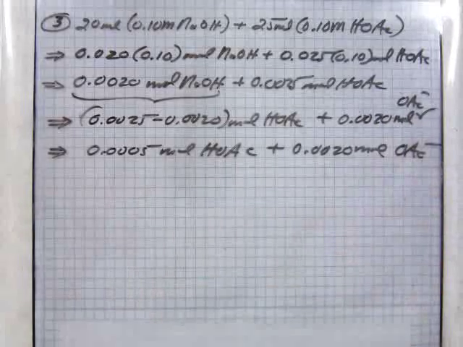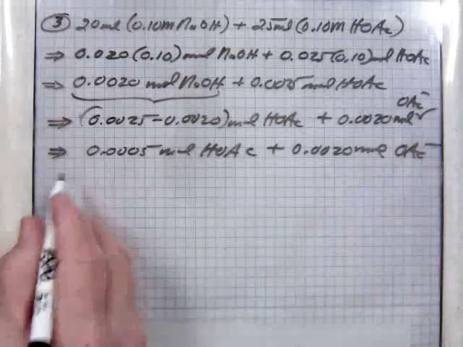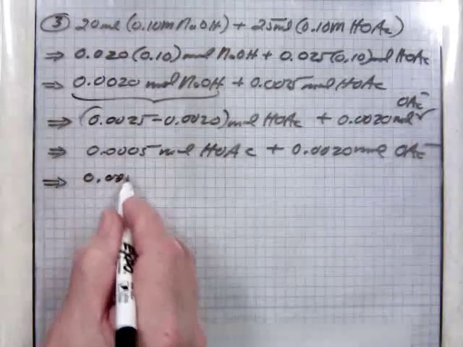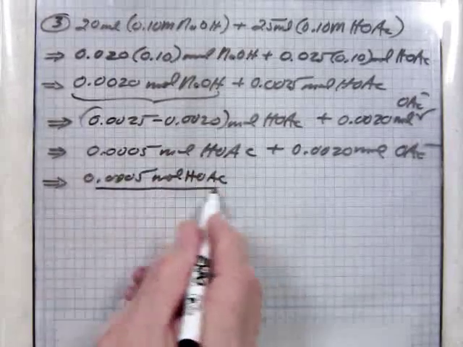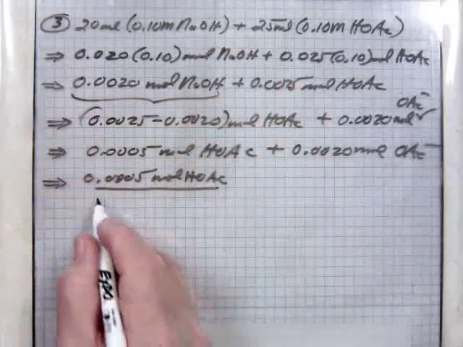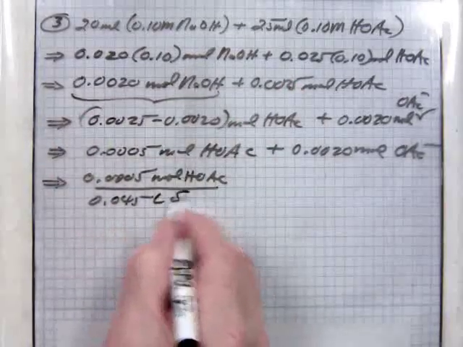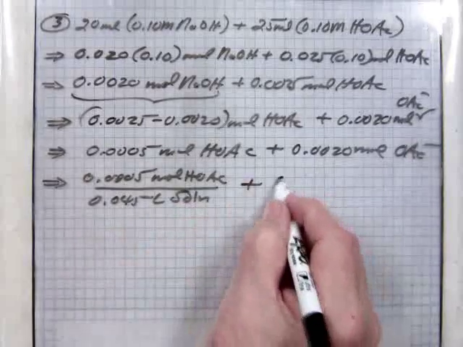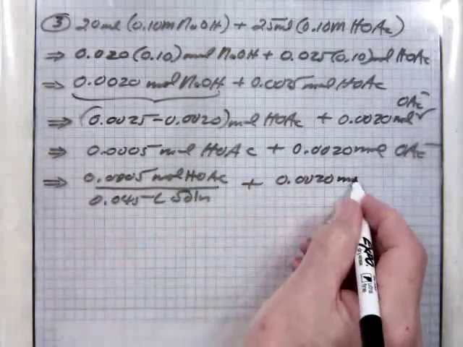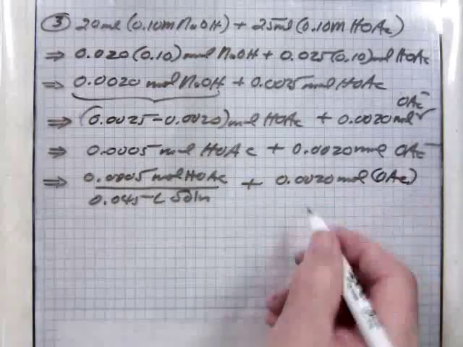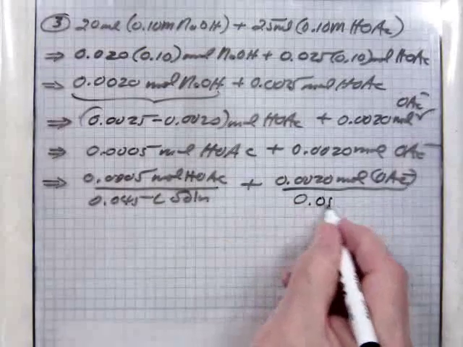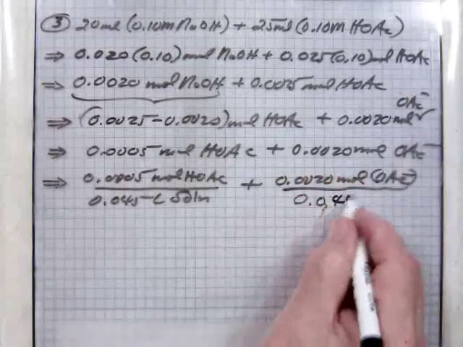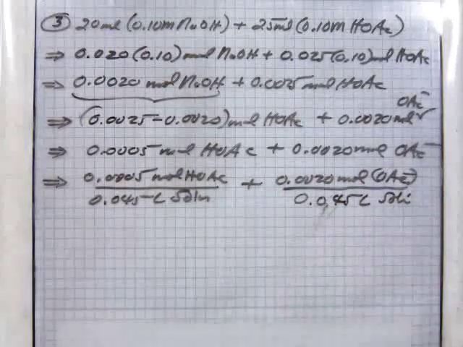Now you convert it to molarities by dividing each one by the total volume in liters. So that'd be 0.0005 mole HOAc over 20 and 25 is 45, 0.045 liter solution, plus 0.0020 mole OAc- over 0.045 liter solution.